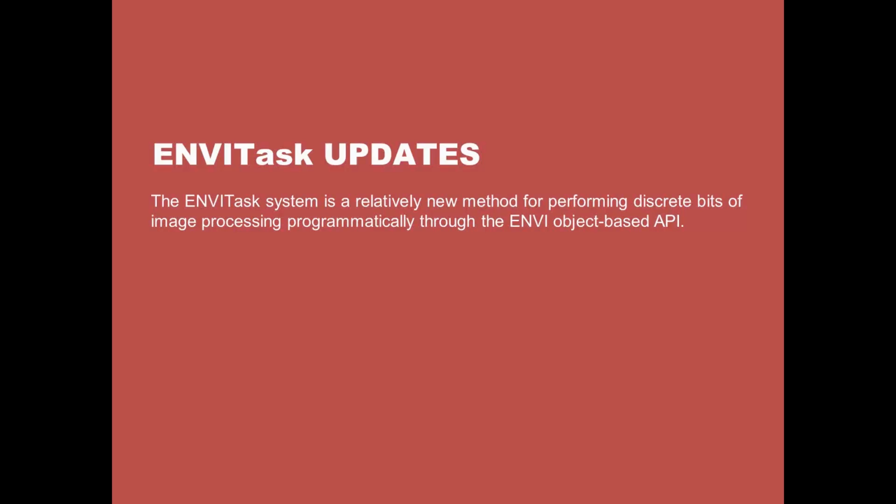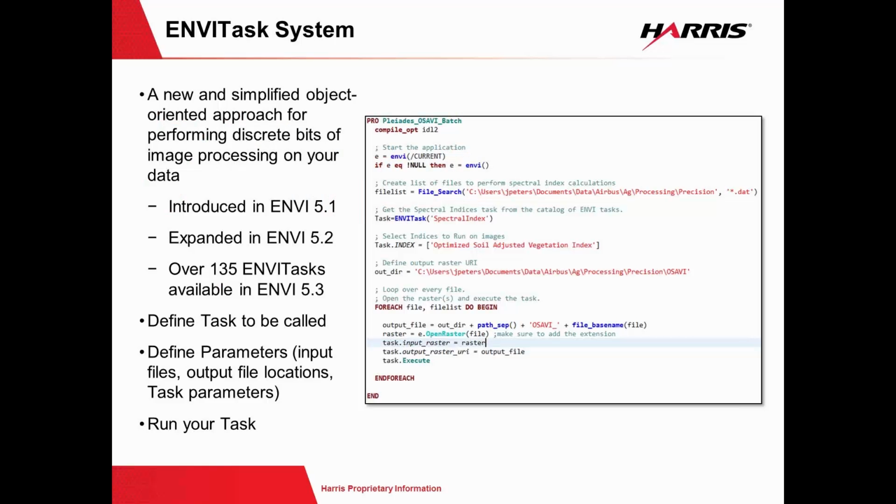So it's very simple. What's great about the ENVITask system is that it allows you to essentially take an image, pull it in, run some sort of processing on it, output that image either to a file or just output it into the next ENVITask.